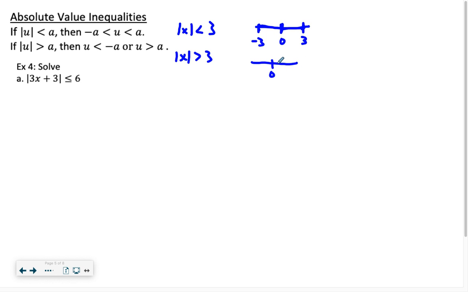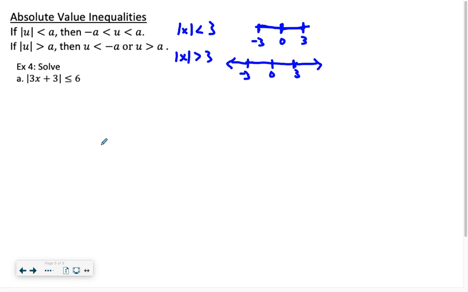So if I go out to 3, I'm saying I want everything past that. I want all of this. But then also, if I go to -3, I want everything past -3. The distance from 0 has to be bigger than 3. So I would want all of this and all of this.